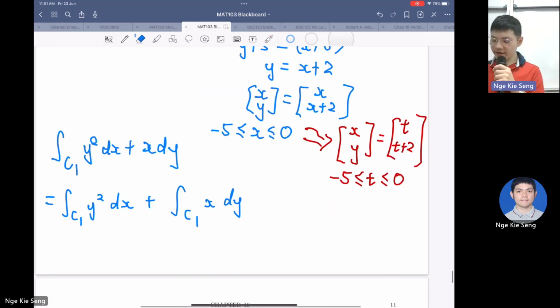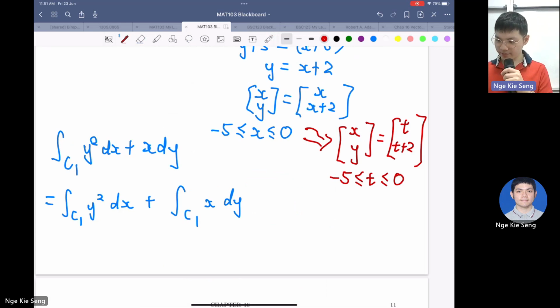Okay, so in this case we can use our formula. Over C1 of dx. So what's dx? We haven't computed dx yet. Sorry, I don't mean dx, but I mean x prime t. So let's rewrite this function first.